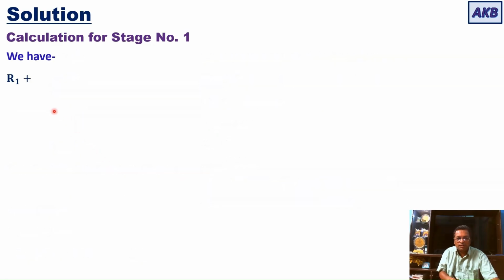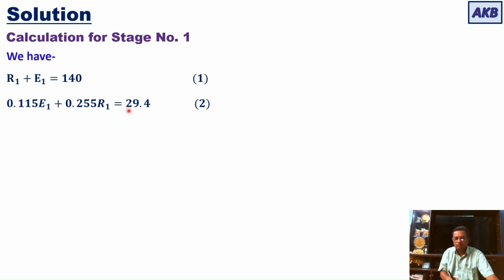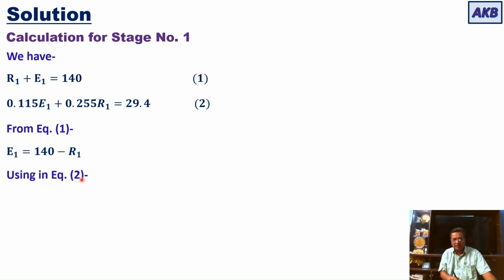Okay, so we have got equations 1 and 2. Equation 1 is R1 plus E1 is equal to 140, and equation 2 is 0.115 E1 plus 0.255 R1 is equal to 29.4. Now all we have to do is solve these two equations simultaneously, because there are two unknowns, E1 and R1. So from equation 1, E1 is 140 minus R1, and then I am going to use it in equation 2.